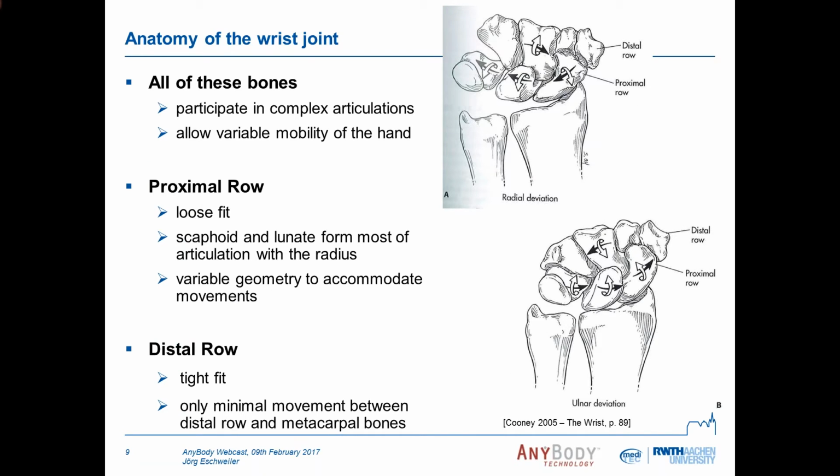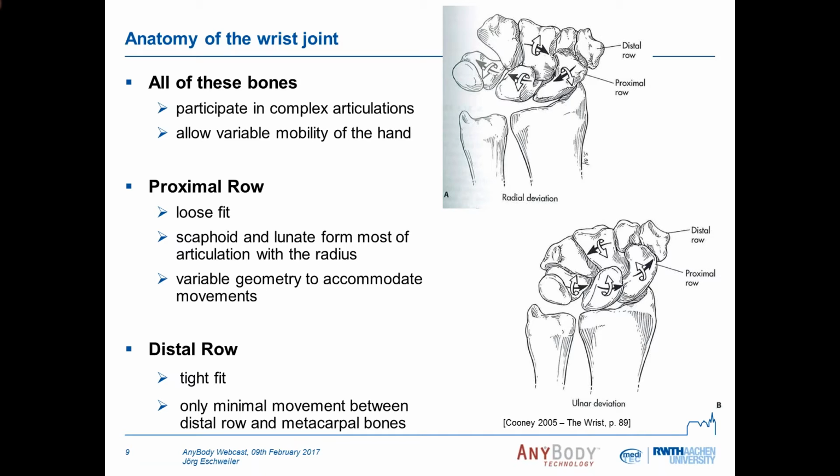The carpus itself allows variable mobility of the hand, and this participates in complex articulation, which you can see here in both figures. The upper figures show the motion behavior of the carpal bones during radial deviation, and the carpal motion behavior during ulnar deviation is shown on the lower picture.